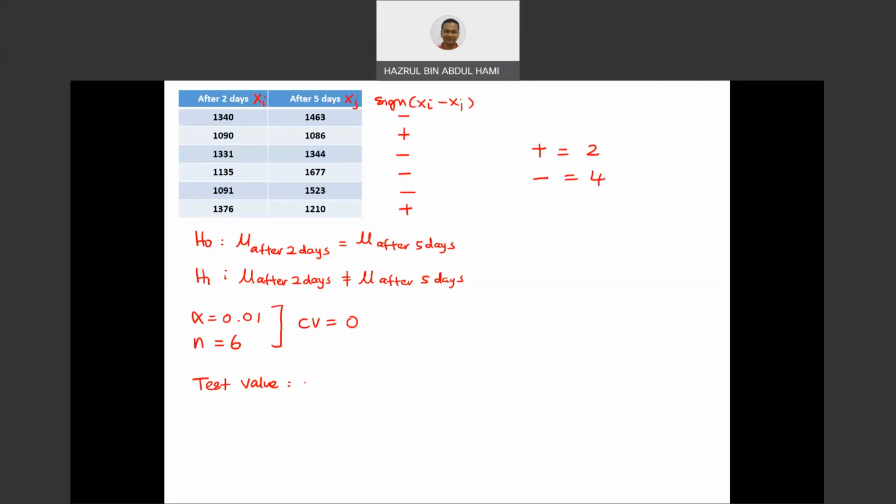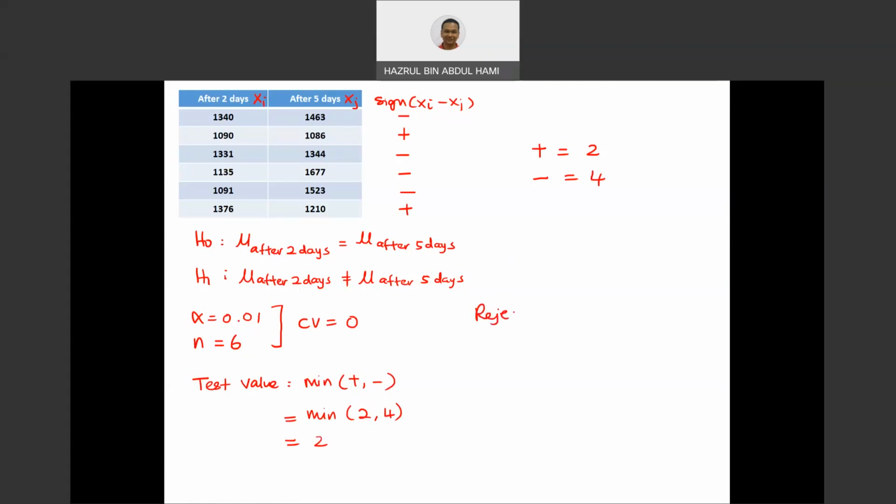The test value is the minimum between the positive and negative signs. So we have 2 for positive and 4 for negative. The minimum is 2, so our test value is 2. You just have to compare the test value and the critical value to make the decision.